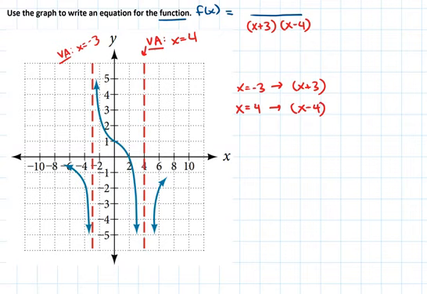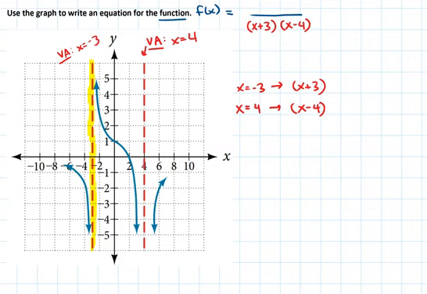Like what's happening as we're getting closer to the actual vertical asymptote from the left and to the right. So what I like to inspect right now is what's happening at x equals -3. I'll color it in for you. What we're particularly interested in is what our function is doing as x approaches the vertical asymptote from either side.